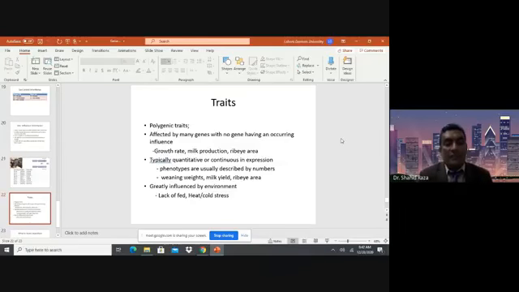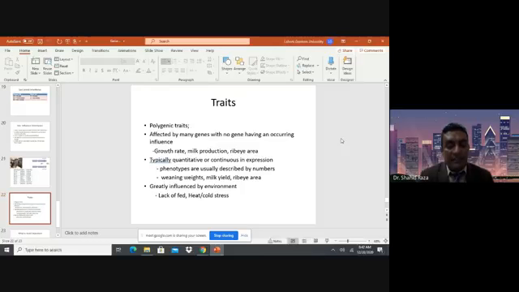These are affected by the environment. Phenotypes such as weaning weights and milk yield are greatly influenced by the environment. What are the environmental factors?